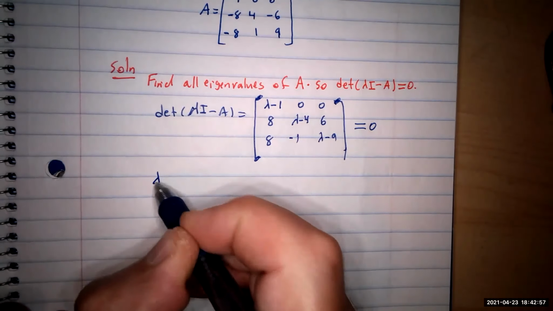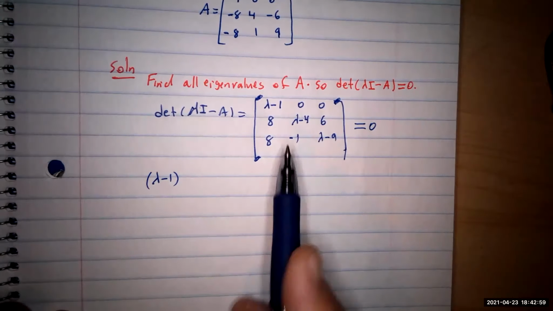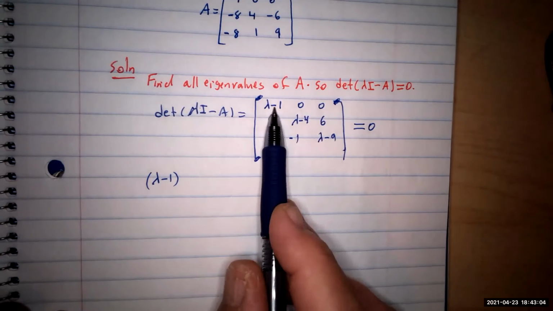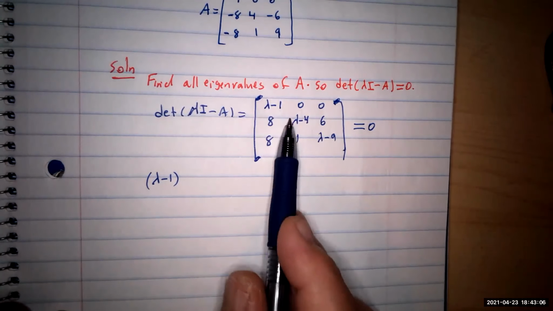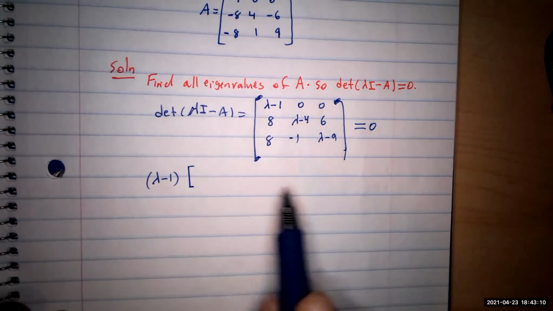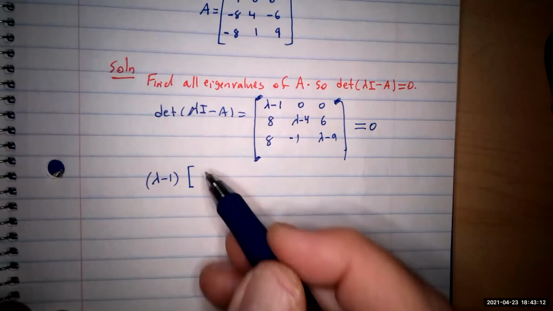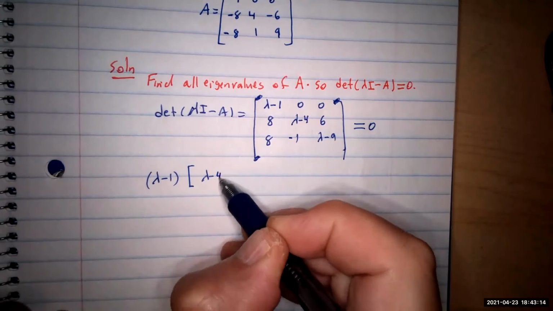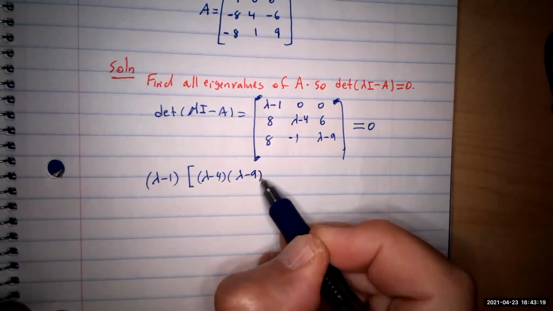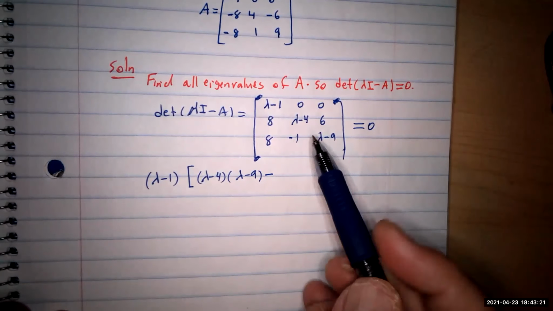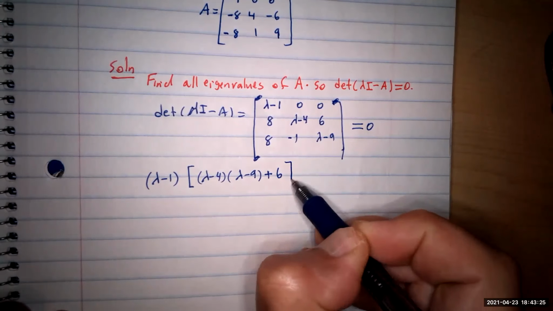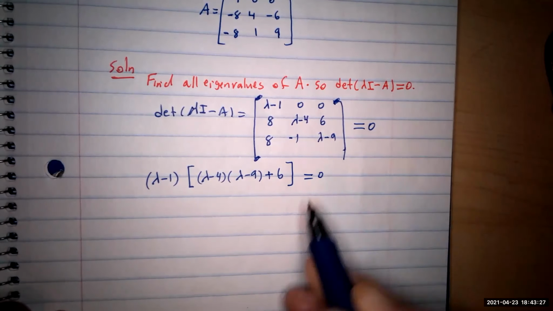So this is going to be lambda minus 1, you eliminate these two, times lambda minus 4 times lambda minus 9 minus, this is a -6, so it's going to be +6. Check these signs, make sure you don't miss it. Equal to 0.